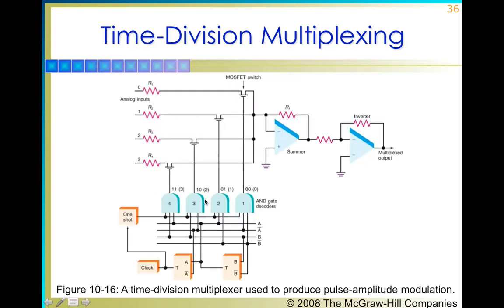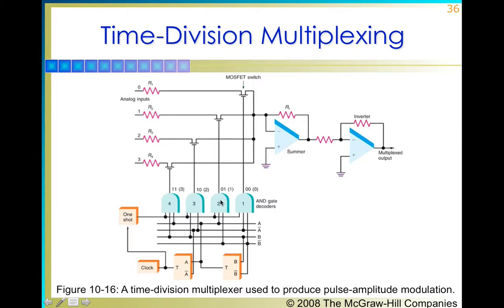So this is a diagram explaining the TDM multiplexer. Here you can see we have 4 transistors which are MOSFETs, and these are 4 transmitters, transmitter 0, transmitter 1, transmitter 2 and 3, and we have a summing amplifier over here, and then we have the multiplexed output after the amplification, and then we have some logic implemented over here.